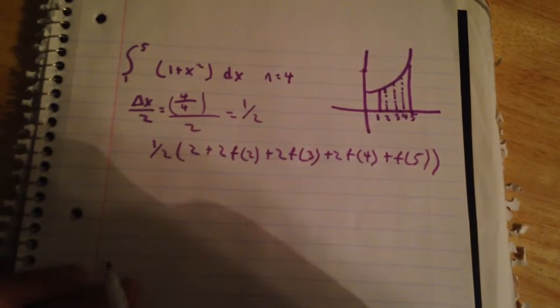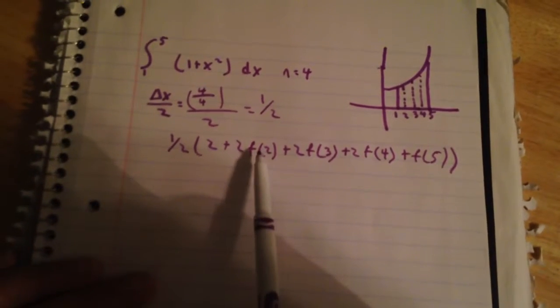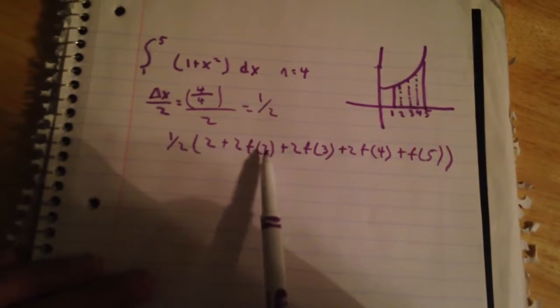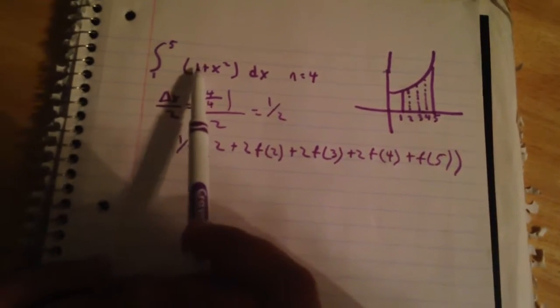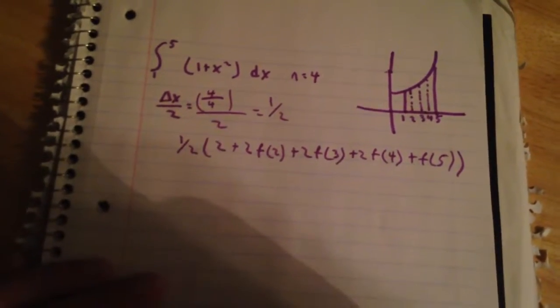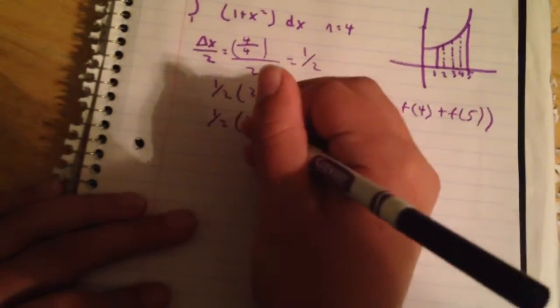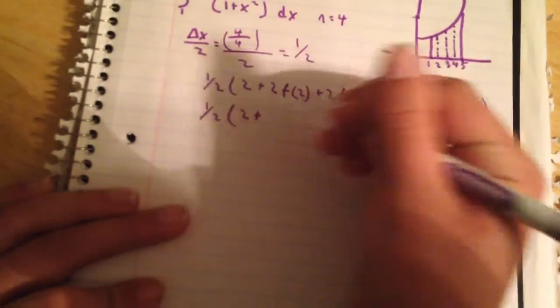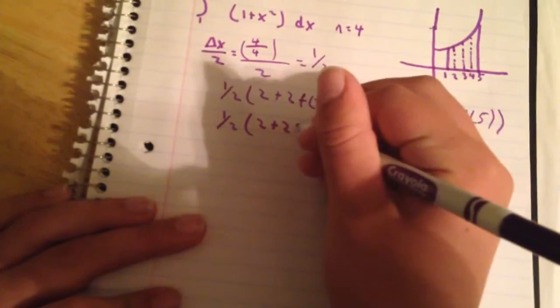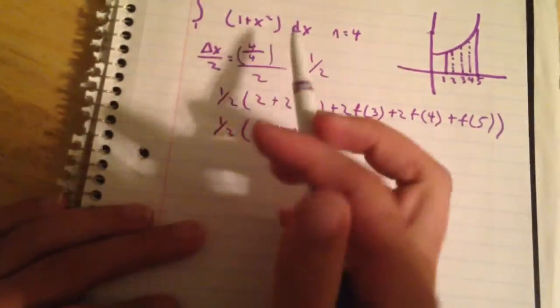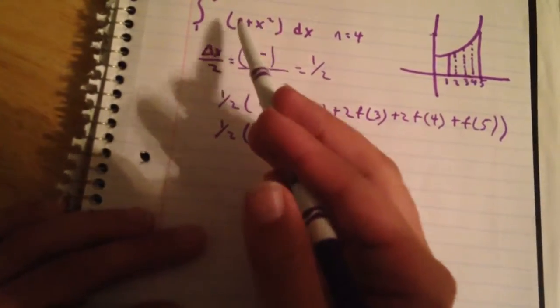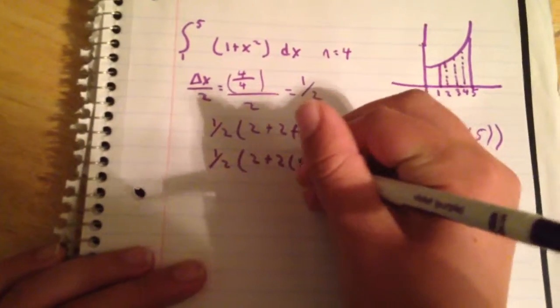And from there on out, you quite simply just take the 2 from this and plug it in to 1 plus x squared. So you get 1 over 2 times 2 plus 2 times, when you plug 2 in, you get 4 plus 1 is 5.